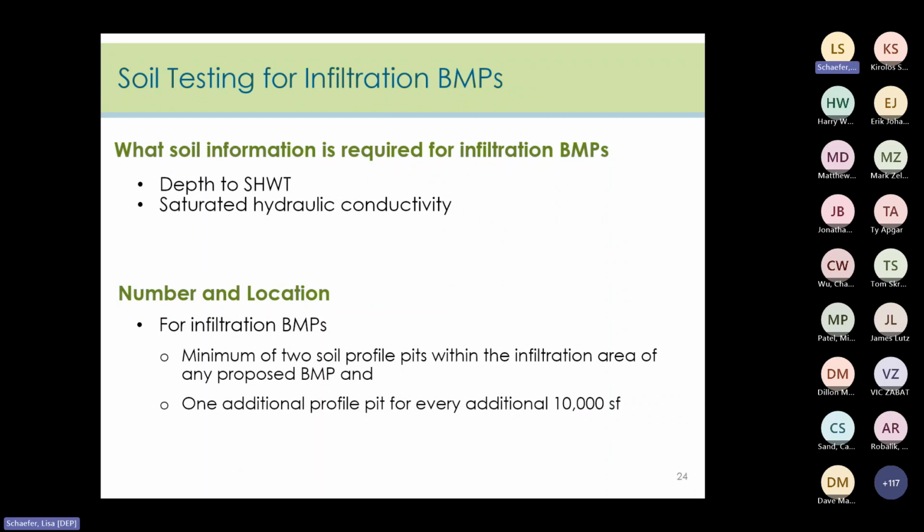A soil profile pit may be substituted by soil borings only when the conditions stated in the subsection entitled Soil Boring and Profile Pit Locations and Allowable Substitutions, which starts on page 7 of chapter 12, are fully met. The final location of a proposed BMP can differ from the location of a soil exploration.